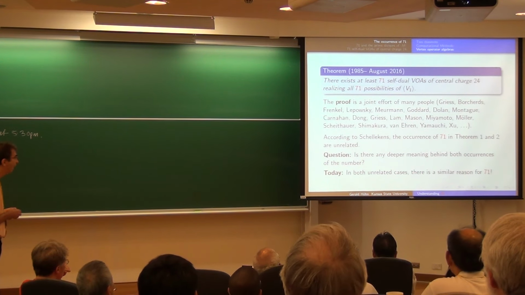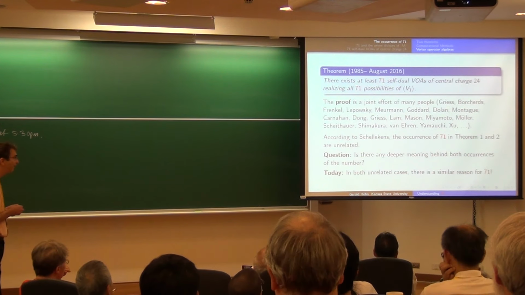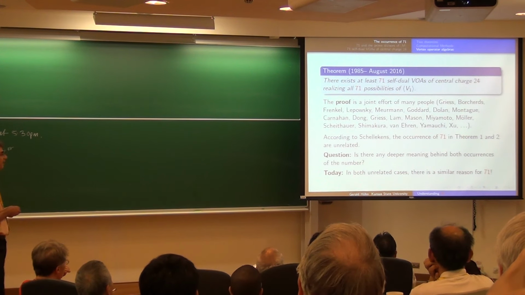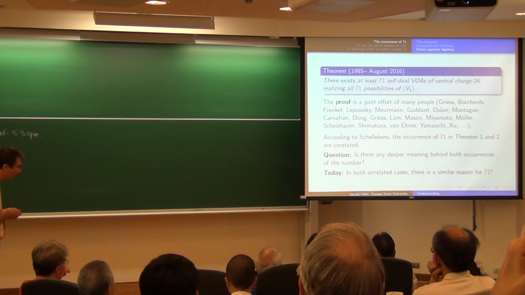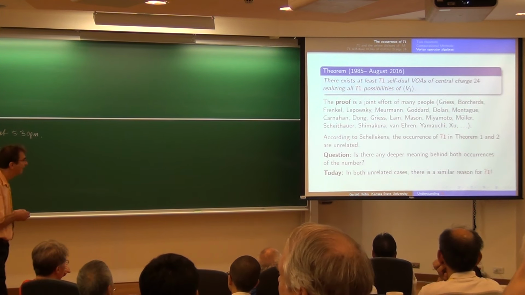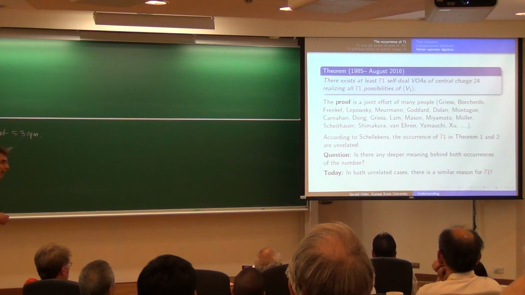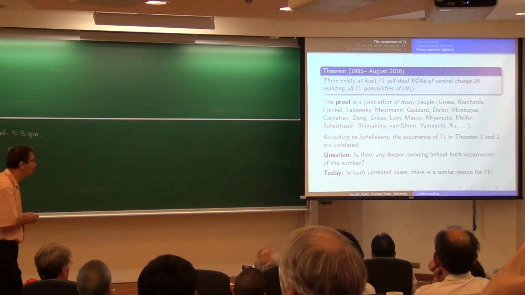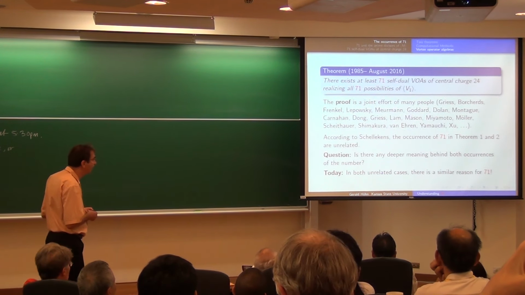Now, already Shelton observed that the 71 which he found and the 71 in the order of the monster are probably unrelated. But of course, it's still funny with the 71. Now, what I'd like to do in my talk, this was just an extended introduction so far, is to discuss if there is a deeper meaning behind the occurrence of 71 in both cases.